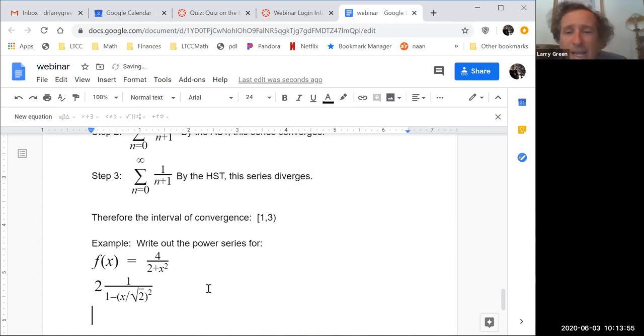This is a little bit like when we did inverse trig integrals, where you have to kind of massage the equation to make it look like what you want. Would the numerator still have a 2? Let's see. I pulled a 4 over 2 out. So I pulled the 4 out on the numerator, and I pulled the 2 out in the denominator. Does that make sense? And 4 over 2 is 2. Is that okay?